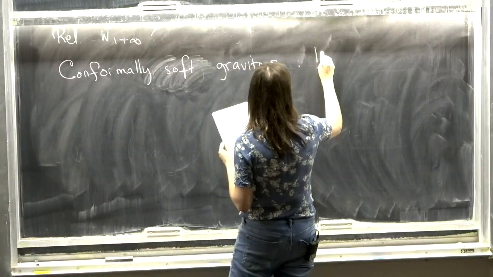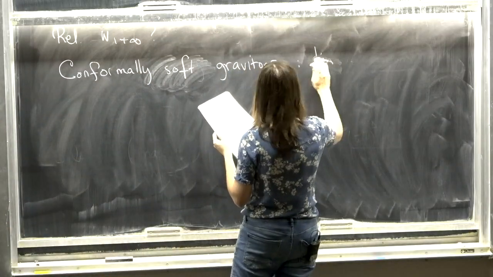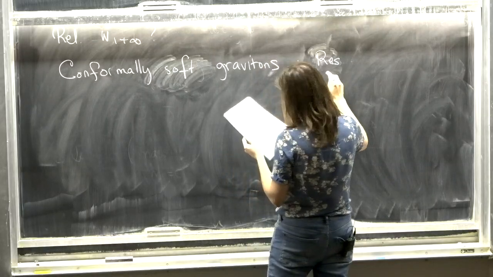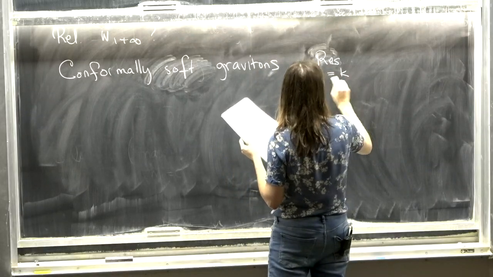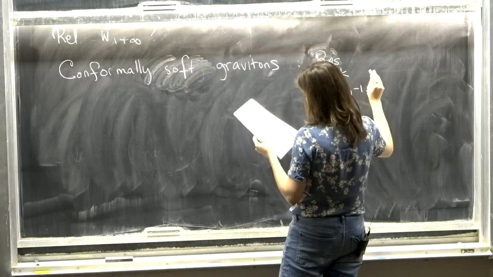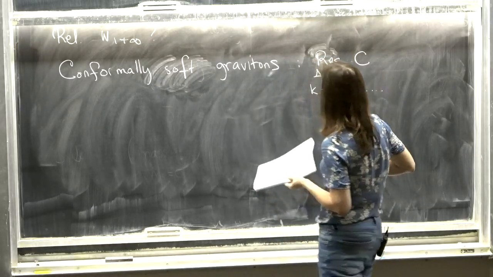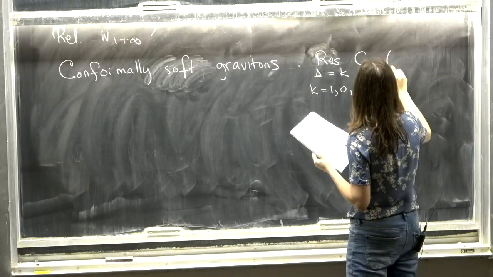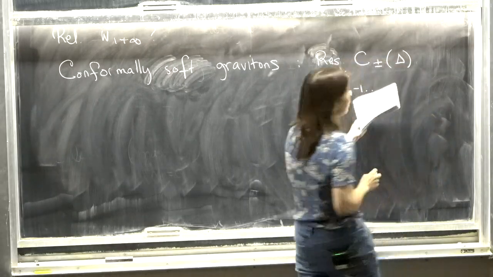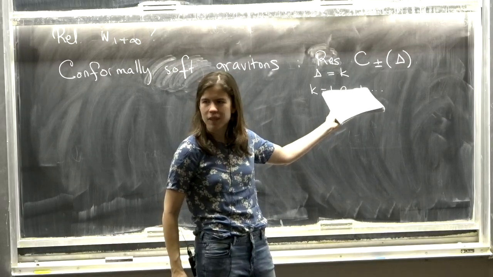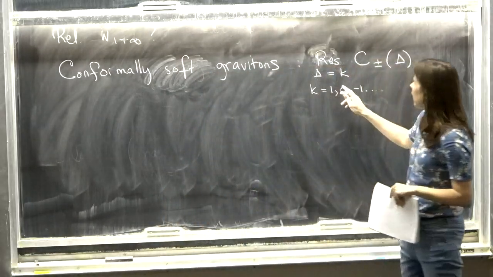And these are obtained as residues at delta equal to k, where k is a negative integer, of basically Mellin transforms of the Fourier transform of the shear. So we have seen this object before.